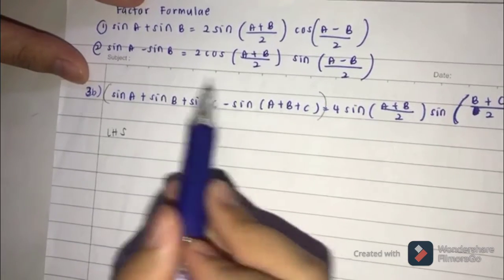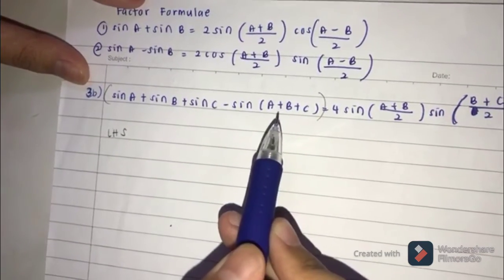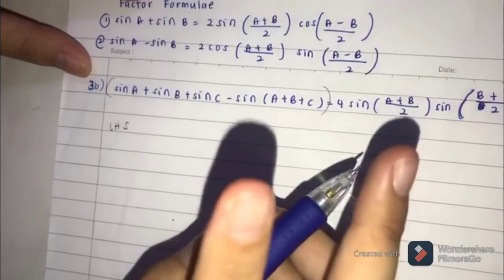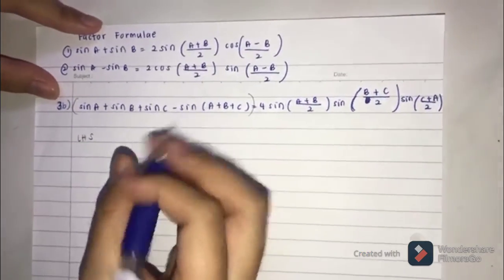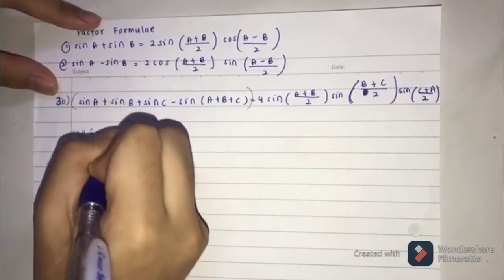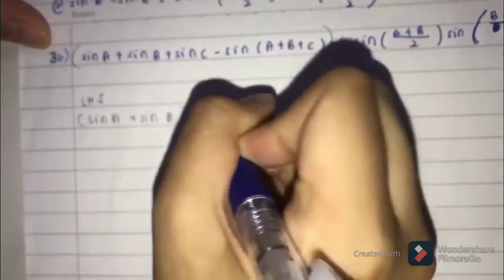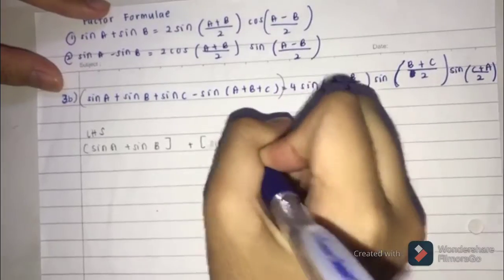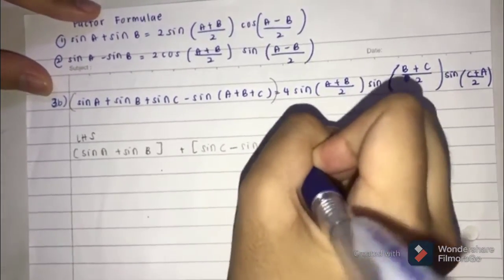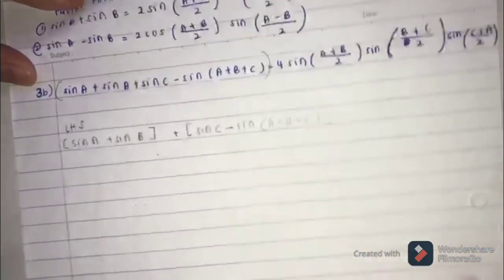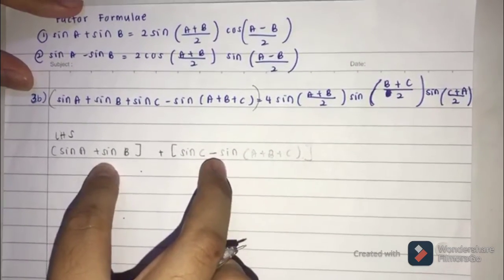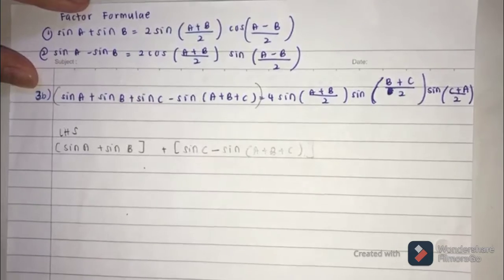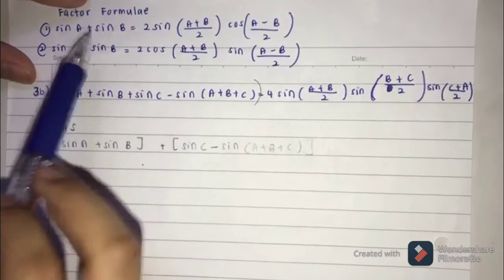This whole term can be separated into two terms, which is sine A plus sine B plus sine C minus sine A plus B plus C. So from these two terms, we can substitute it into the factor formula.